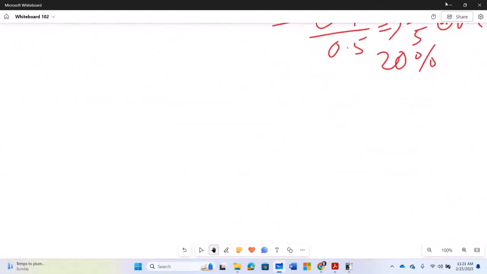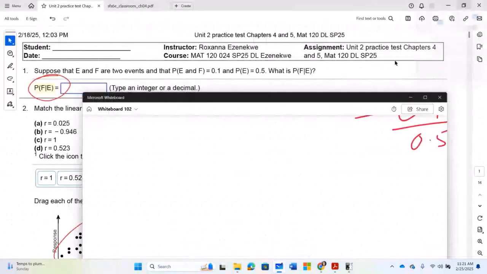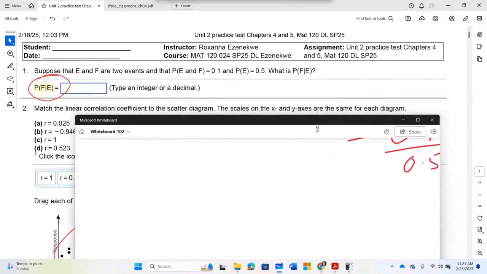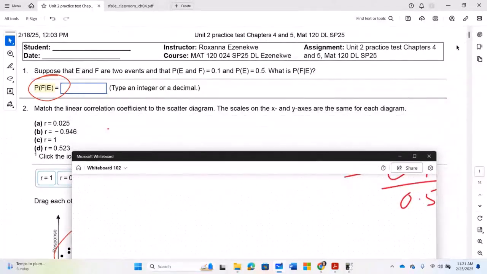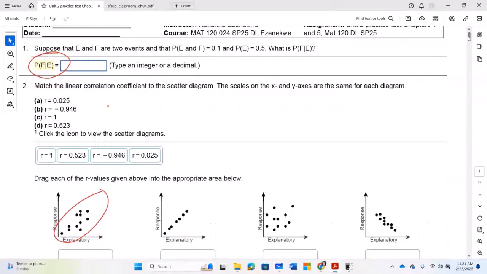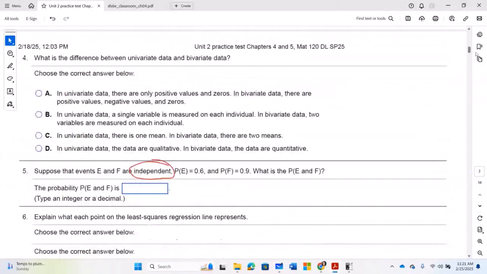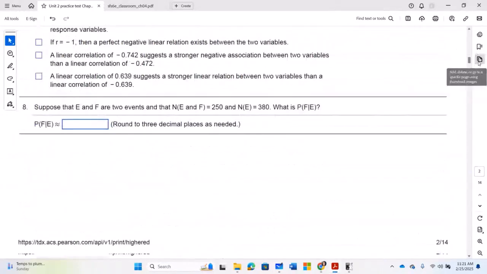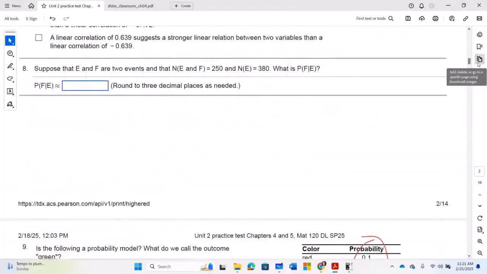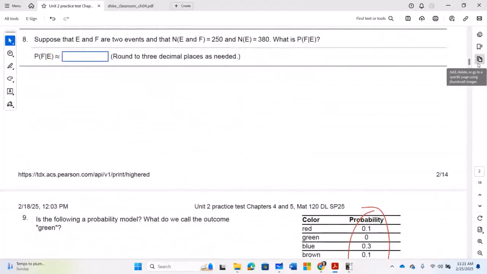We're going to find another conditional probability and answer it before we go to number 2. Let's see if there's another one. Yes, another conditional probability is here, number 8.